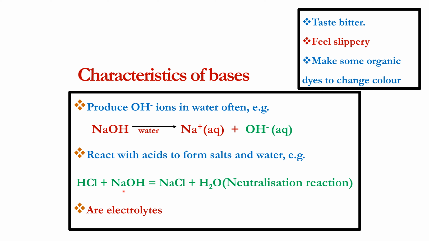Example, this is a base. It reacts with an acid, hydrochloric acid, and it will form sodium chloride plus water. So sodium chloride is the salt. And we call this reaction neutralization reaction. Also, bases are also electrolytes. So these are some of the characteristics of bases.